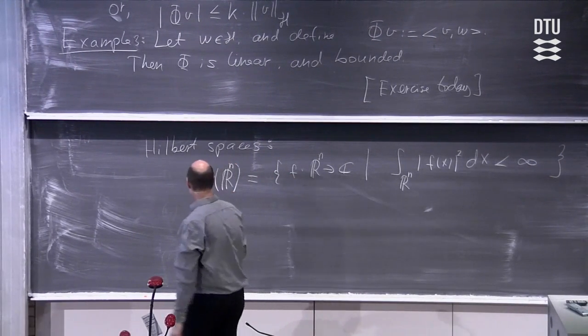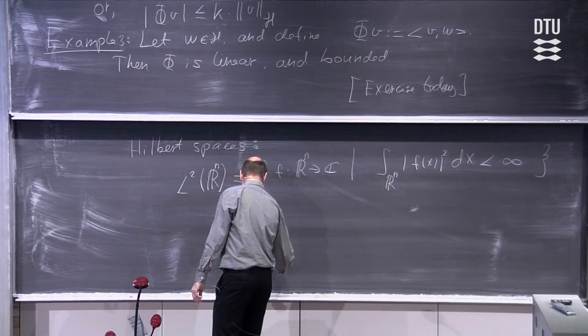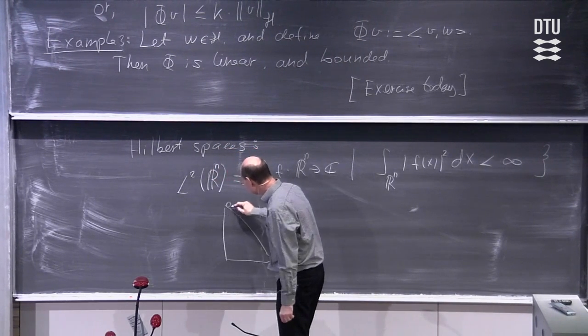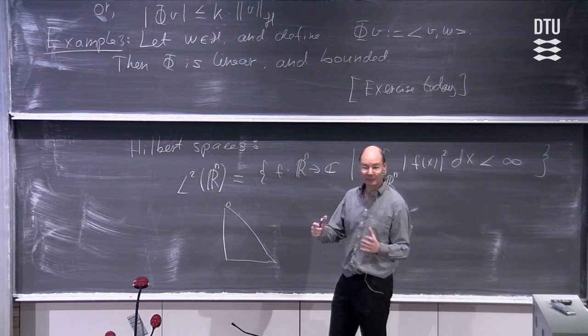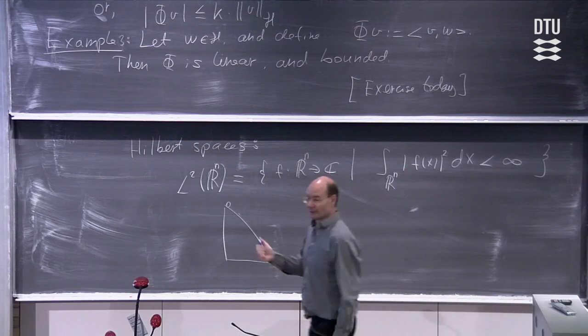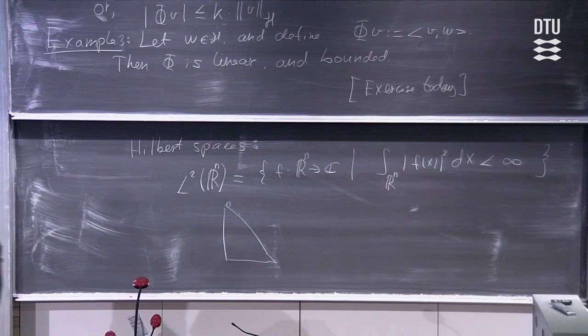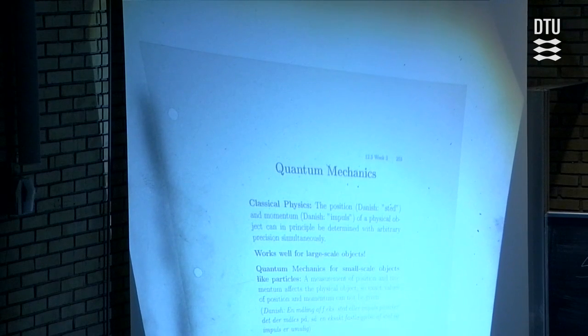For example, you might take a slide like this, and then you put a stone here, and it runs down the slide. So this is a quite big object, and it is moving reasonably slow. To deal with such objects, you don't think about quantum physics, you think about classical mechanics. And classical mechanics tells you that there are a lot of rules, there are Newton's rules and so on.